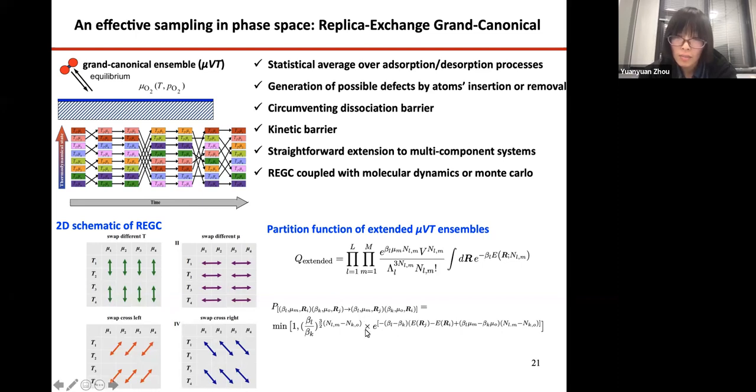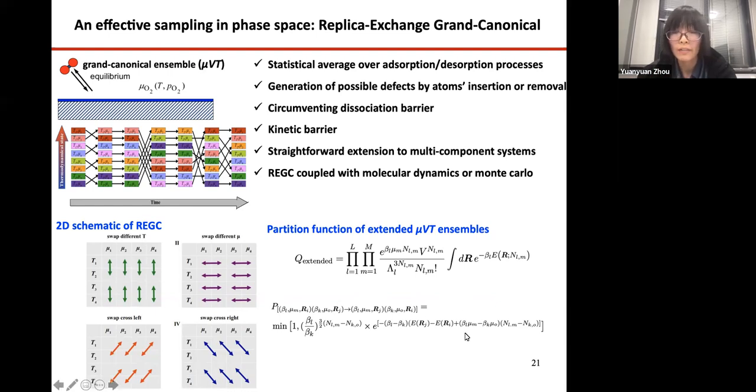This probability also gives us some information: when we prepare replica exchange Grand-Canonical simulations, we want to have good statistics. That means that the swap probability needs to be good enough. It should not be close to 0, where it will never exchange.